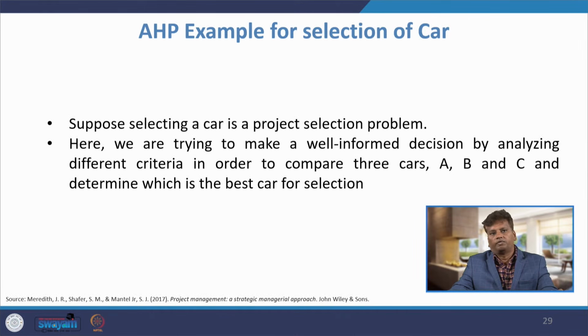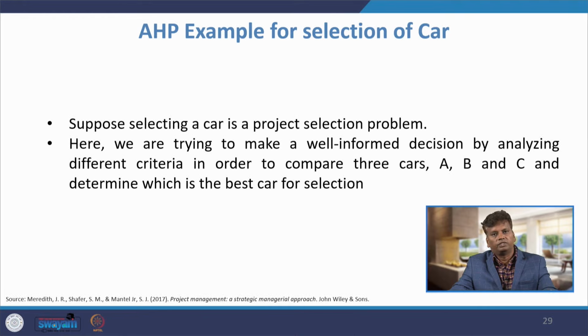The advantage of AHP is we are trying to make a well informed decision by analyzing different criteria in order to compare 3 cars. So, there are 3 alternatives A, B, C, and we determine which is the best car for the selection.